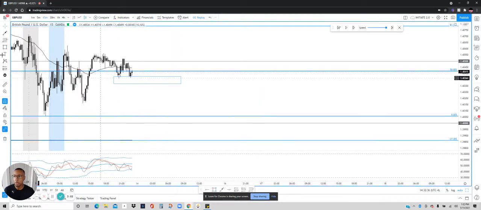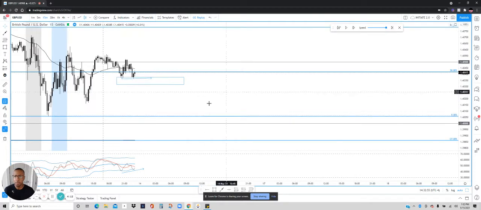Price created a support. Price made obvious divergence. We see basically higher lows here, and kind of a higher low, equal lows. So you technically could have taken this long here.